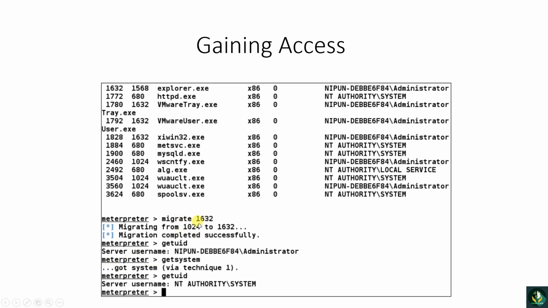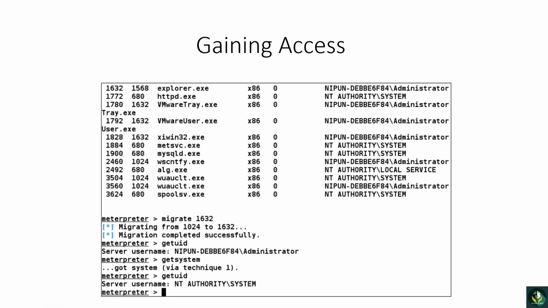As soon as we get the PID, we will migrate using the migrate command followed by the PID of the process. However, after migration is complete, it is necessary to get system level permission, as you can see in here, using the getsystem command.